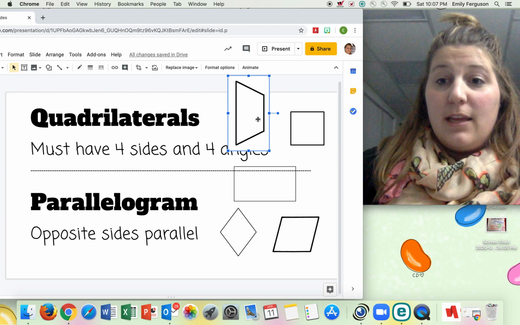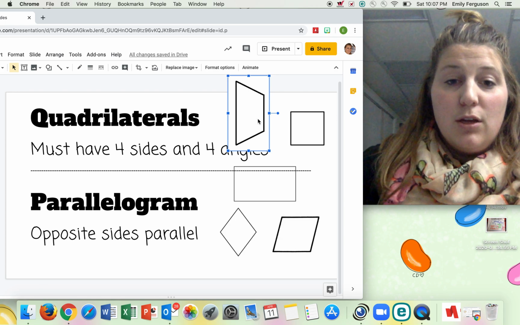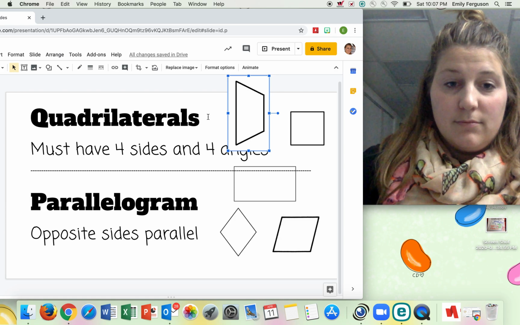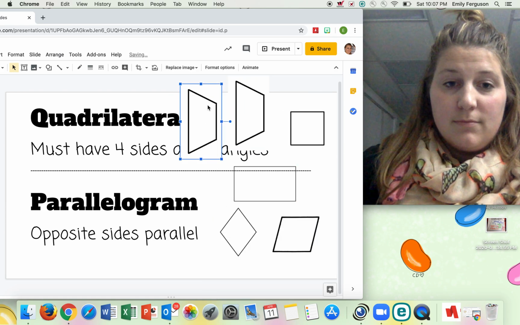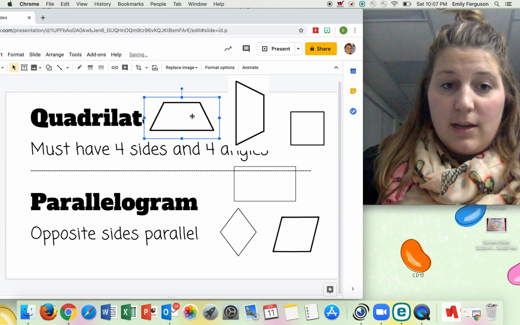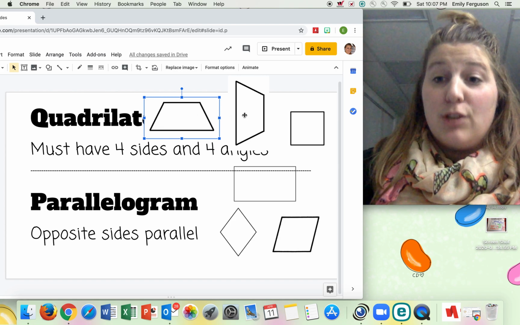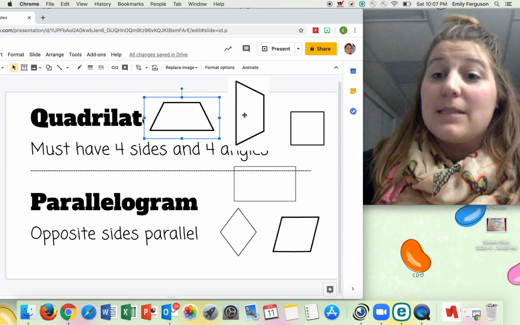I just turned it the other way. If I'm comparing these 2 shapes here, they are still the exact same shape.